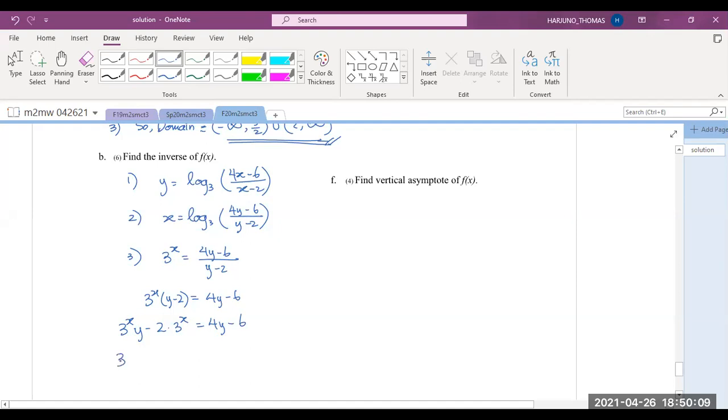Collect the y's on one side, and the one without y on the other side.